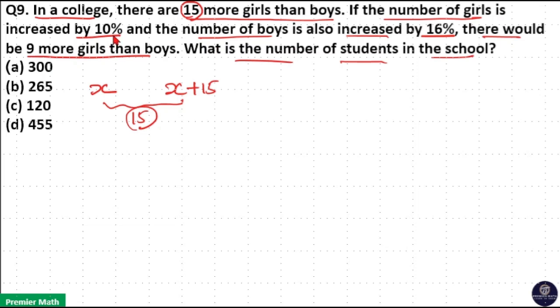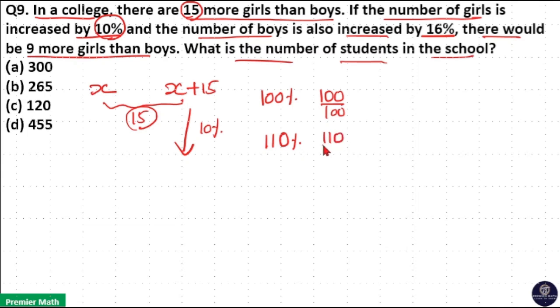If the number of girls is increased by 10% means this x plus 15 is increased by 10%. If a thing is increased by 10%, that will become 1.1 times the older one. That is, initially there are 100% girls. 100% means 100 by 100. And finally it is increased by 10%, it will become 110%.